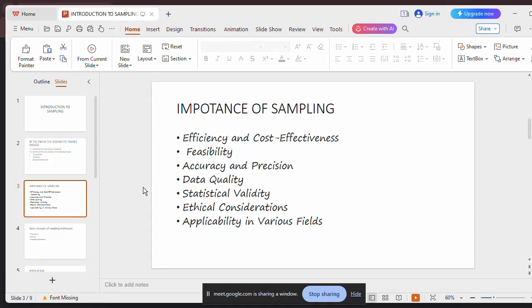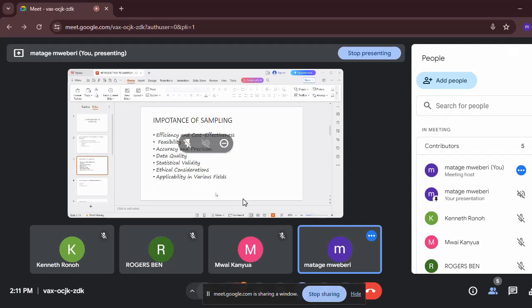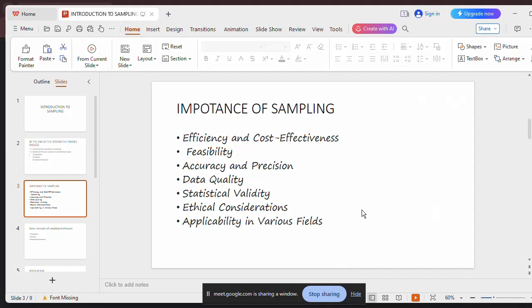Number two, when we say feasibility, Mr. Ben Rogers, what do I mean? Mr. Rogers, maybe turn on your microphone, because I cannot hear you. Can you repeat the question, sir? Yes, Mr. Rogers, when I say feasibility as an importance in data sampling, what does it mean?